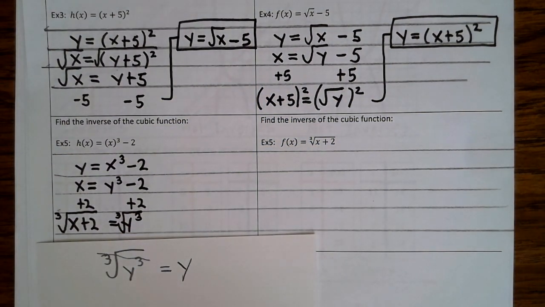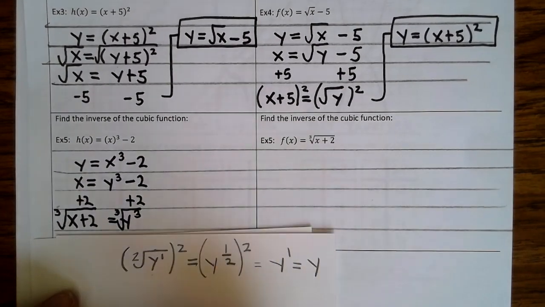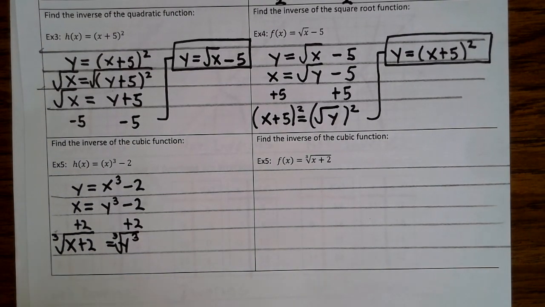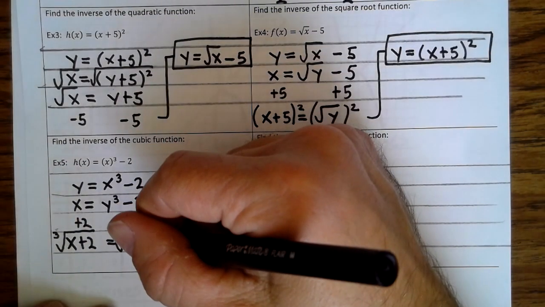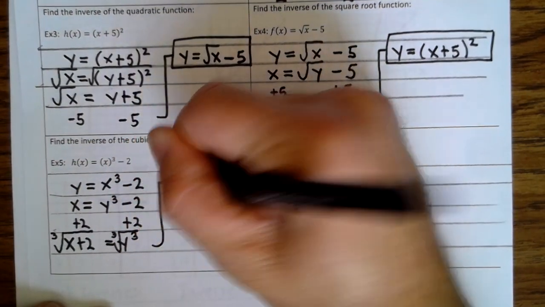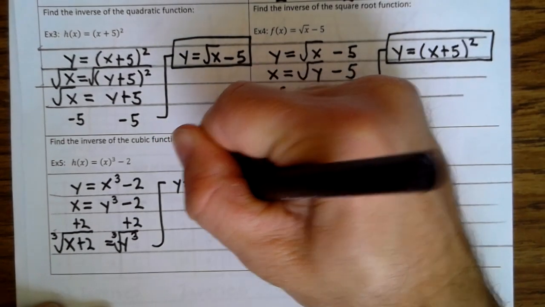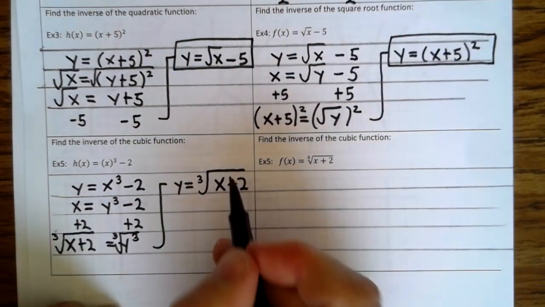Just like what happened here. It's the same logic. So you're left with y equals the cube root of x plus 2.